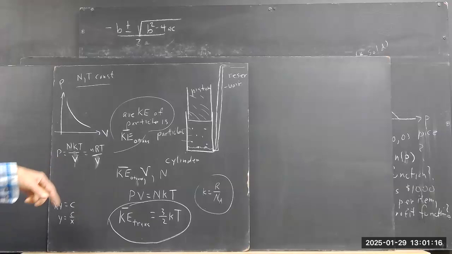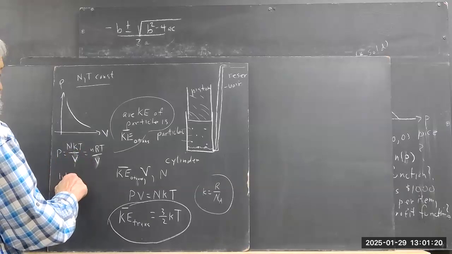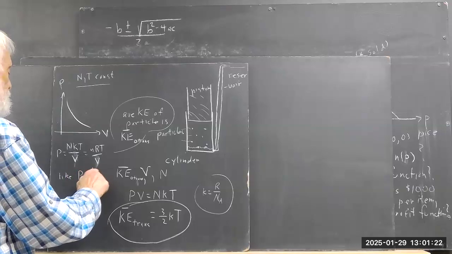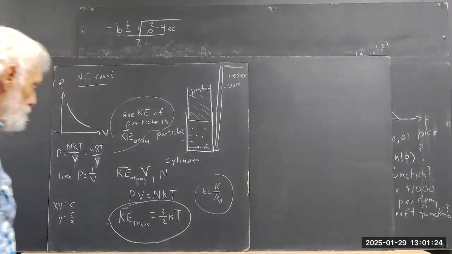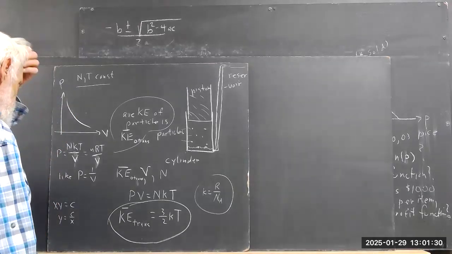So it's this, which is constant over V. Makes sense? Okay, so there's your graph.